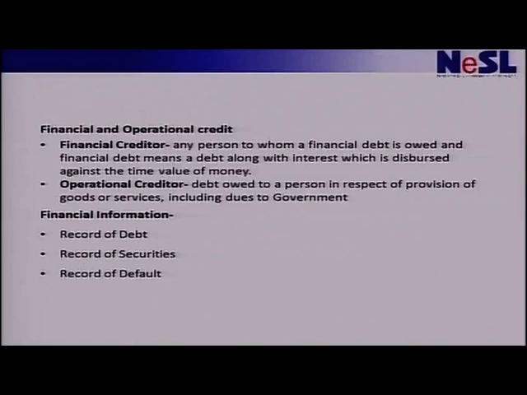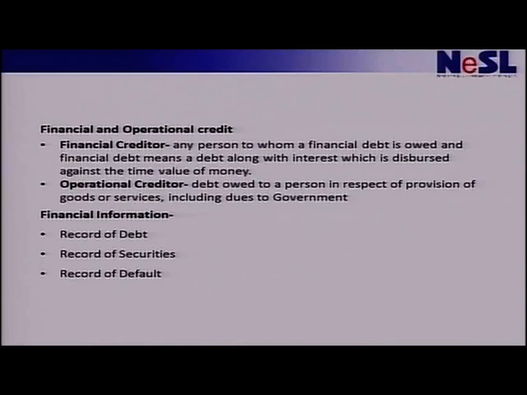Now, there are financial and operational creditors. What is the difference between them? A financial creditor is any person to whom a financial debt is owed. And financial debt means a debt along with interest which is disbursed against the time value of money.